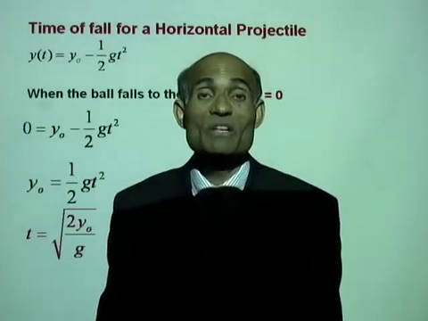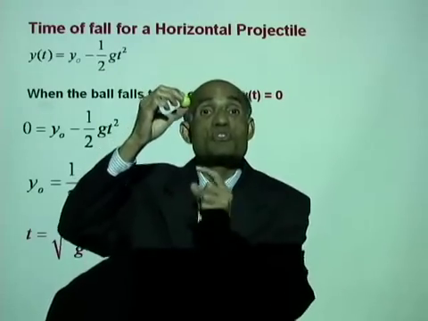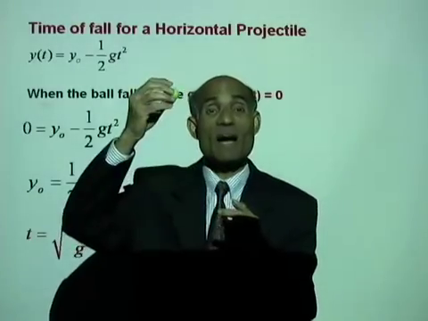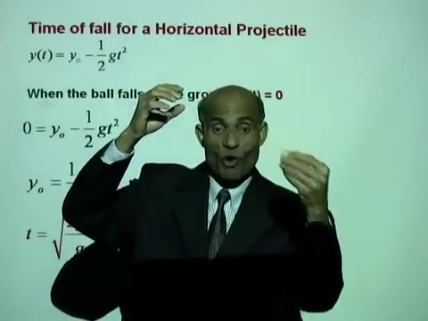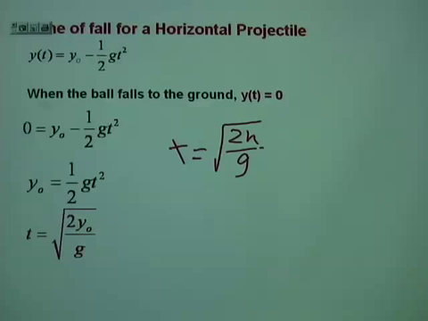Now, that means if you project a ball from a height h, in other words your y0 is h, then the time taken by the ball to fall to the ground will be the square root of 2h over g. That is a very useful equation to remember.